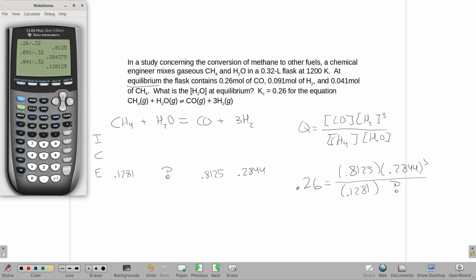Let's see, what do we get here? So I'm going to do 0.8125 times 0.2844 cubed, divided by 0.1281. Oops, I dropped my decimal.